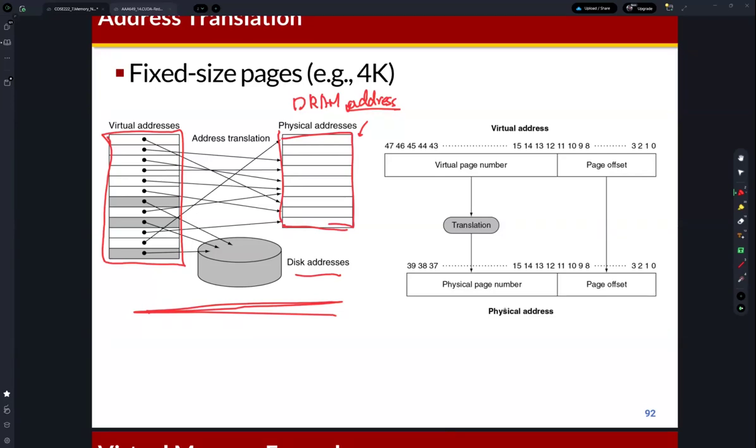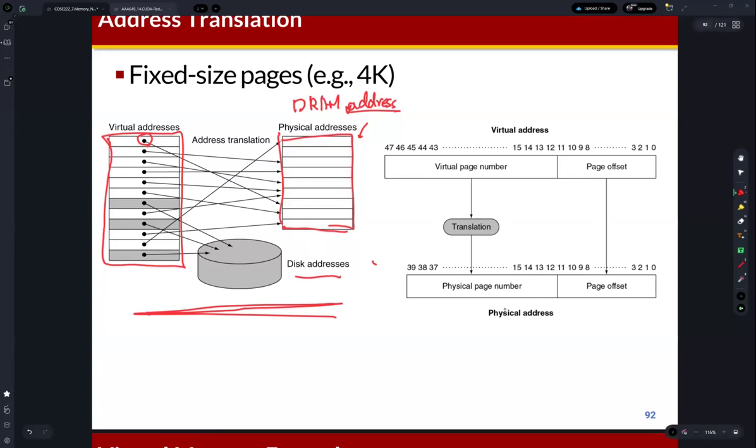Which means some data in the virtual memory space can exist in the physical memory space, or some data in the virtual memory space can exist on disk.